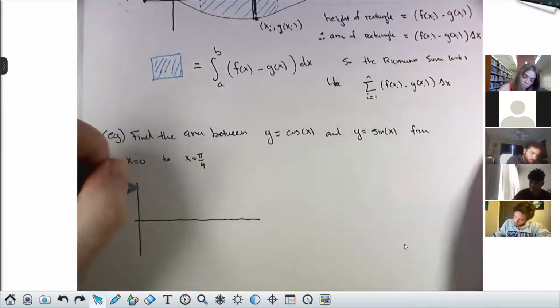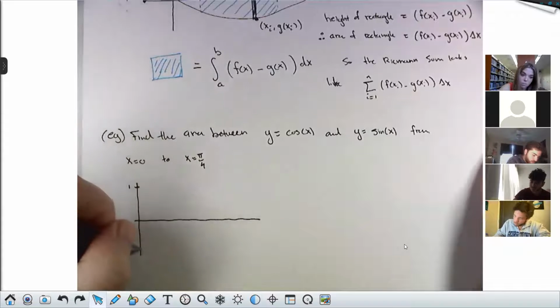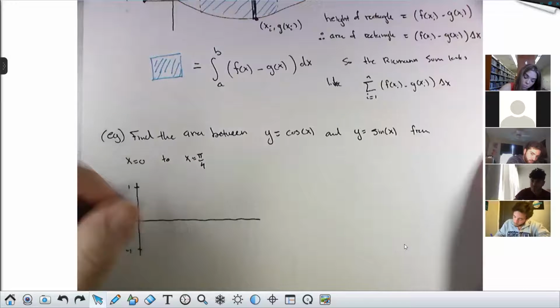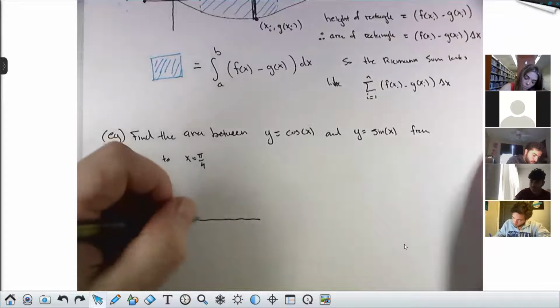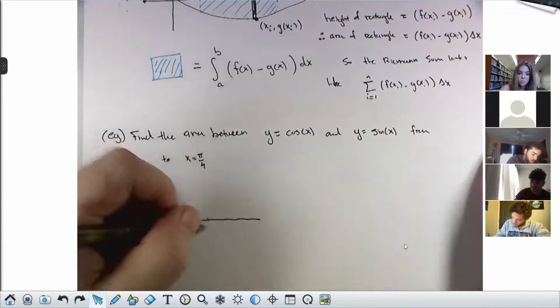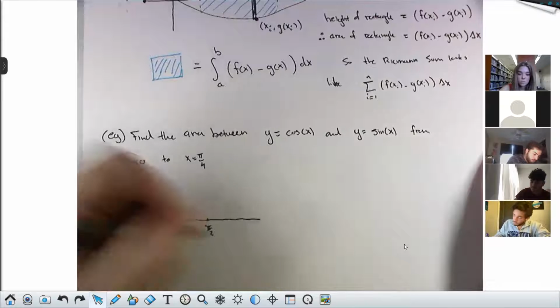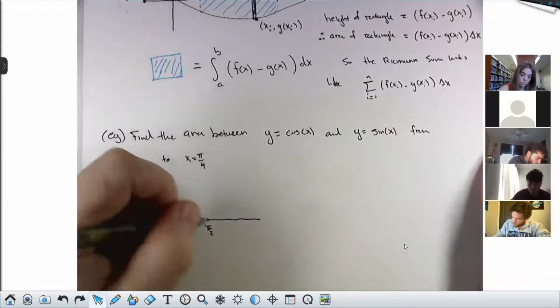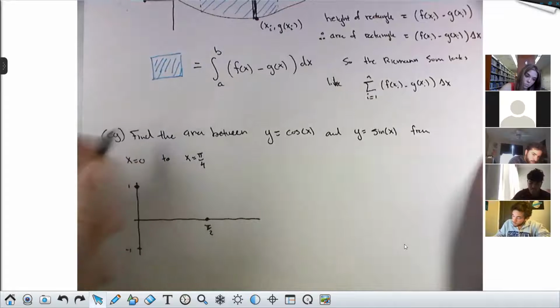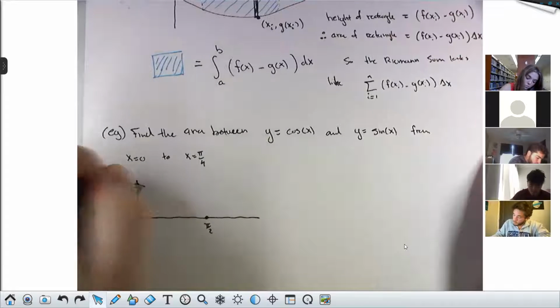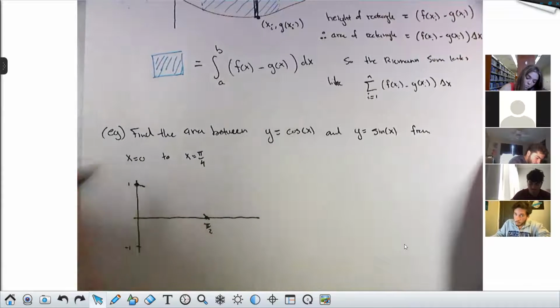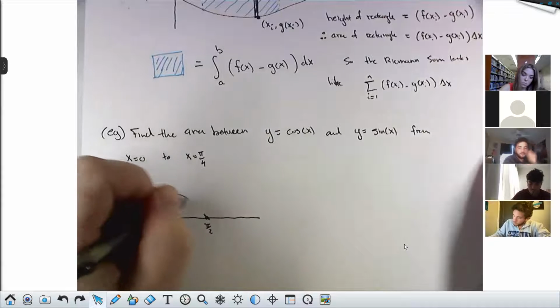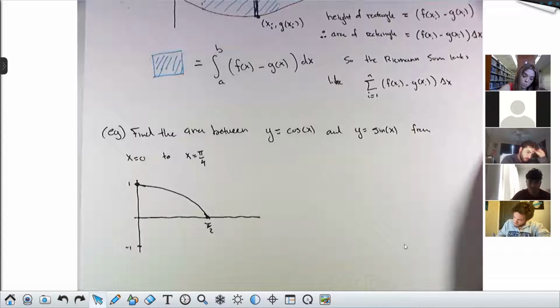But just in case, let me mark this over here as pi over 2. Cosine, you know, is equal to 1 when x is 0 and is equal to 0 when x is pi over 2. We have a tangent line coming out here like this. We have a tangent line coming in here like this. So the cosine curve over this region is going to look something like that.